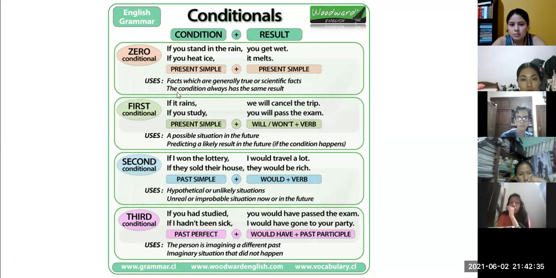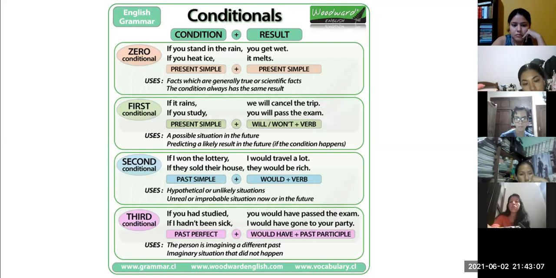We use zero conditional sentences when we are talking about something that is true, something that is real in the present. We use the first conditional when we are talking about possible situations in the future. We use the second conditional when we talk about hypothetical situations and real situations in the present and in the future.